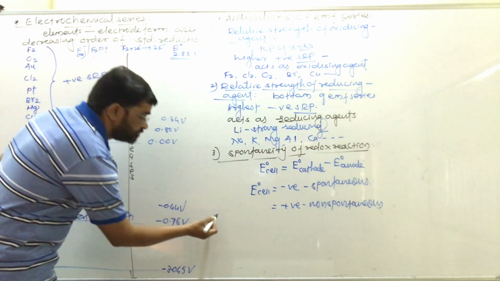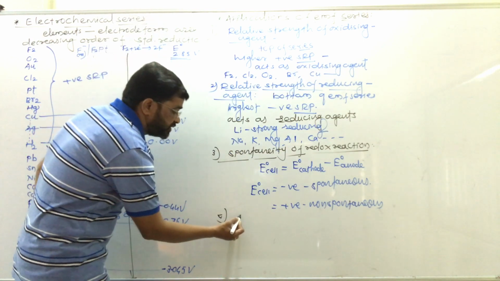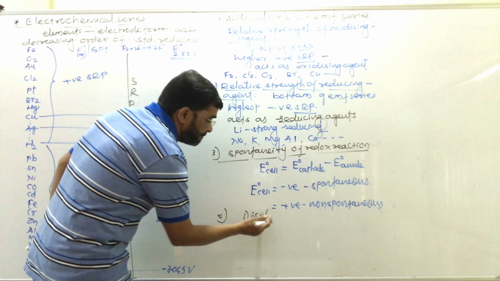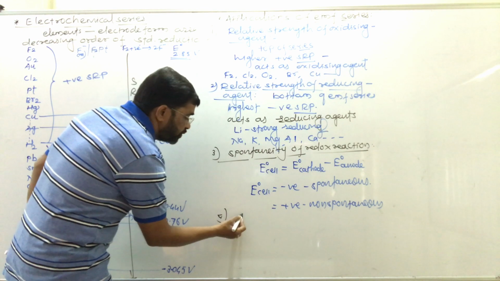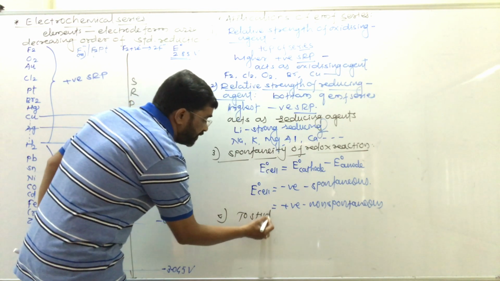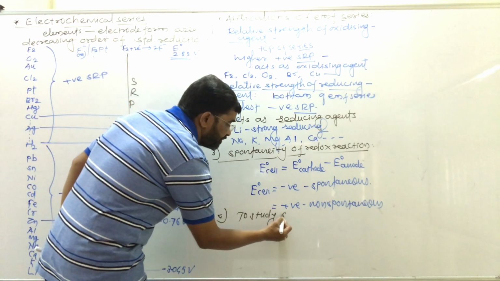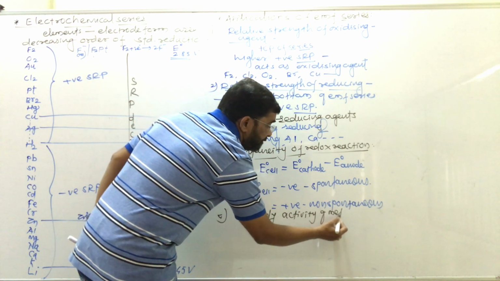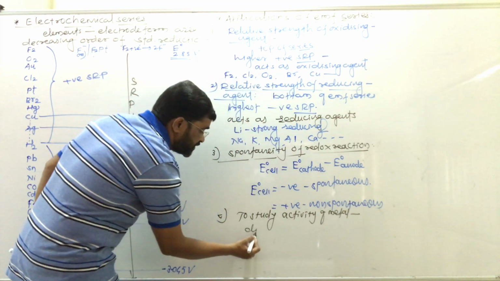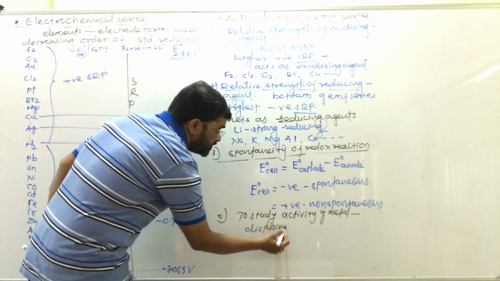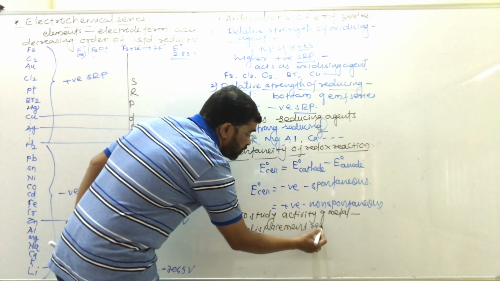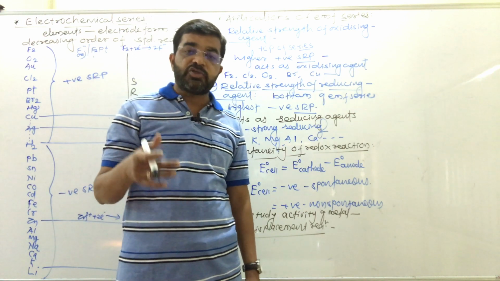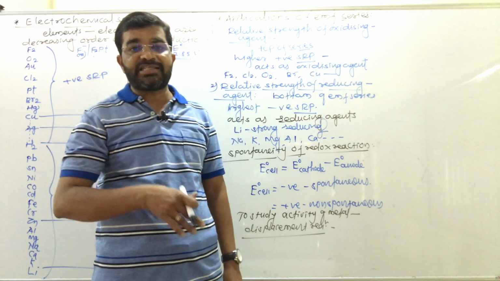Now see the next application, that is displacement, to study the reactivity, the activity of a metal. The activity of a metal is studied from displacement reactions. So from a displacement reaction, how will you decide whether the given metal is active or less reactive?